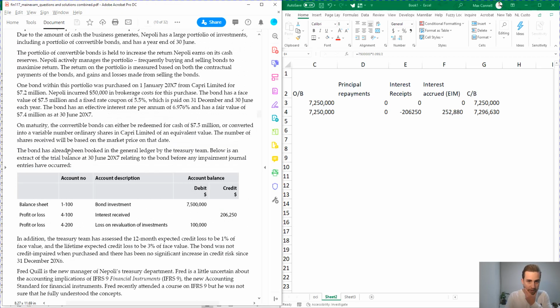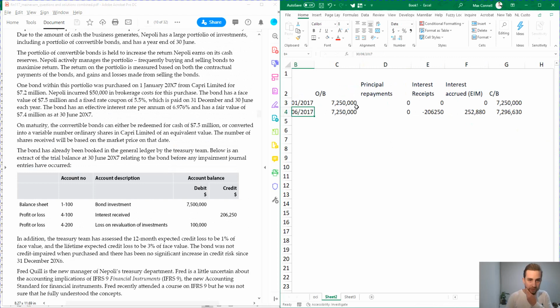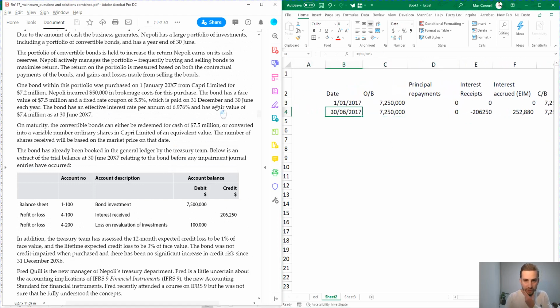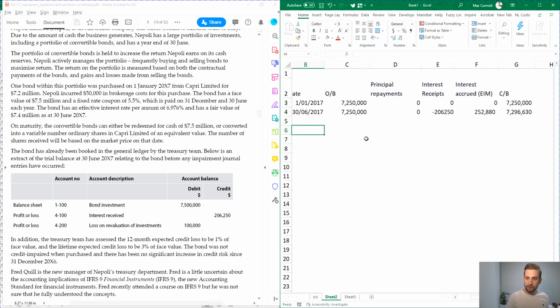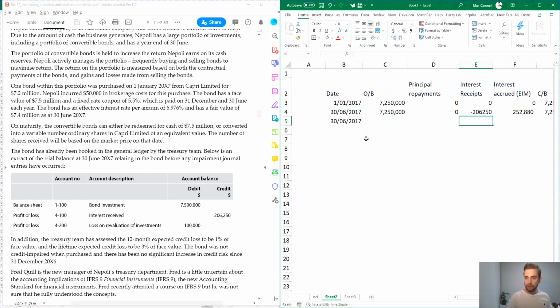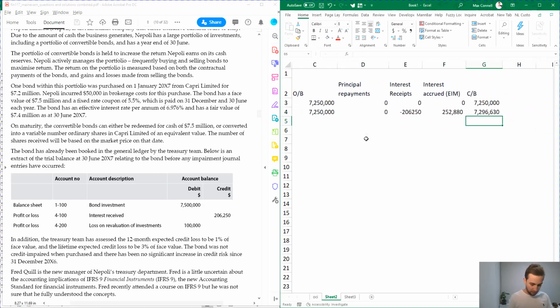So let's have a look. What is the fair value at 30 June 2017? I can see in the question over here, it says it has a fair value of 7.4 million. So that means the fair value of 7.4 million should be our closing balance now, but it also means that there's now a gain of the difference between the 7.4 million and the 7,296,630 closing balance.